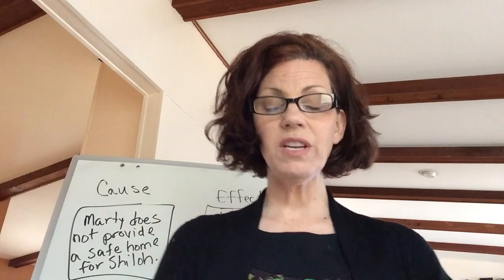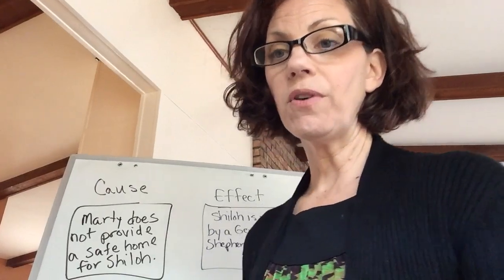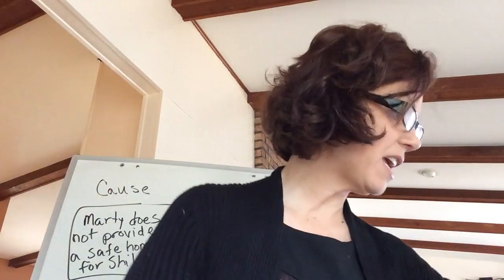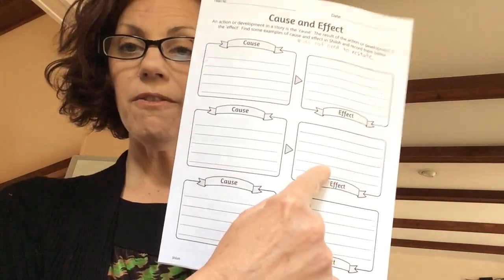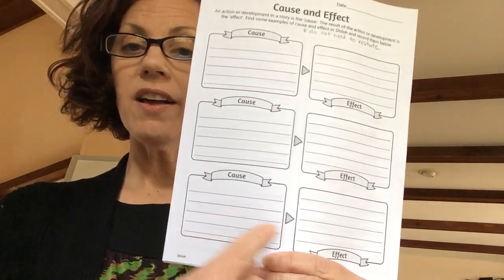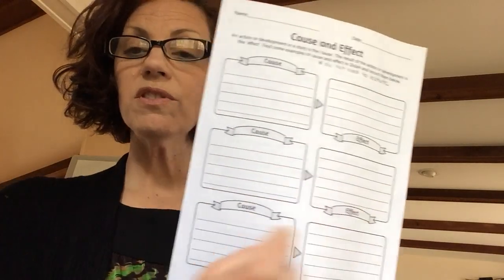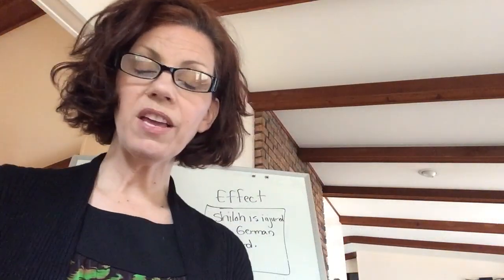Now, what I want you to do as you read chapters 10, 11, and 12, I want you to fill in the remaining blanks. So I want you to come up with another cause and effect, another cause and effect. So in other words, 2 more situations that happen in the book that you can identify in chapters 10 through 12.